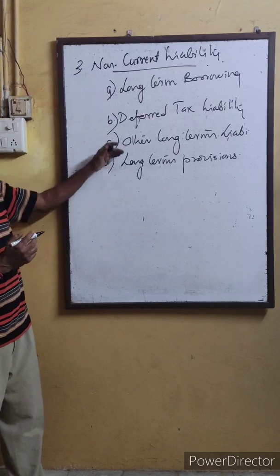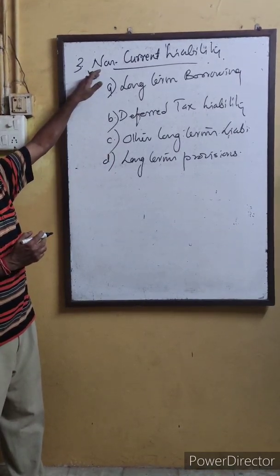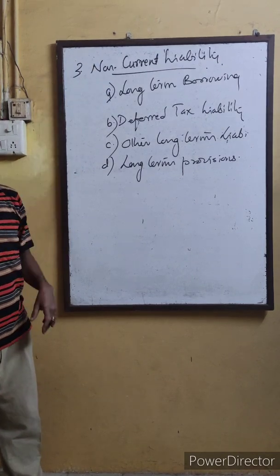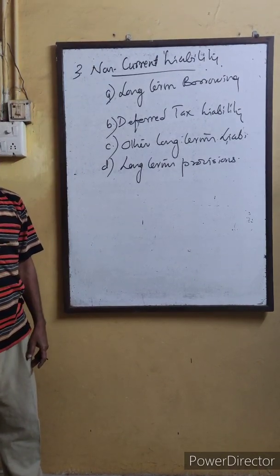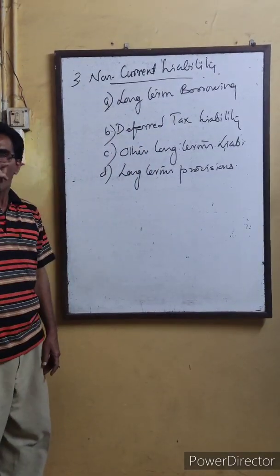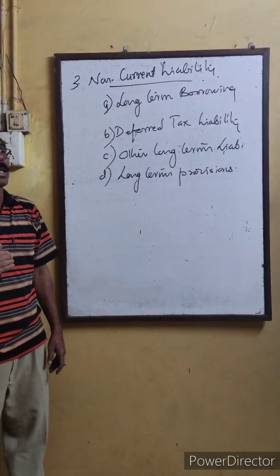These are the subheads under this main heading. First main heading was shareholders fund. Second one was share application money pending allotment. Third one is non-current liability. So these are the main headings, and in these main headings there are subheadings.